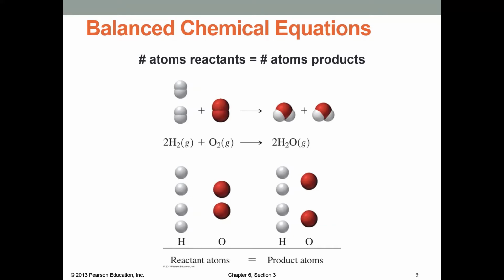That means the total number of atoms in the reactants has to equal the total number of atoms that are in the products. Because what you have is what you finished with. We're just rearranging them. We're not adding anything in.